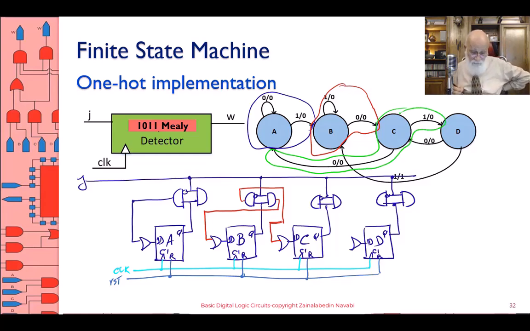A 1 takes me to state D. A 1, that means the AND gate on the right hand side, takes me to state D. A 0 takes me to state A.